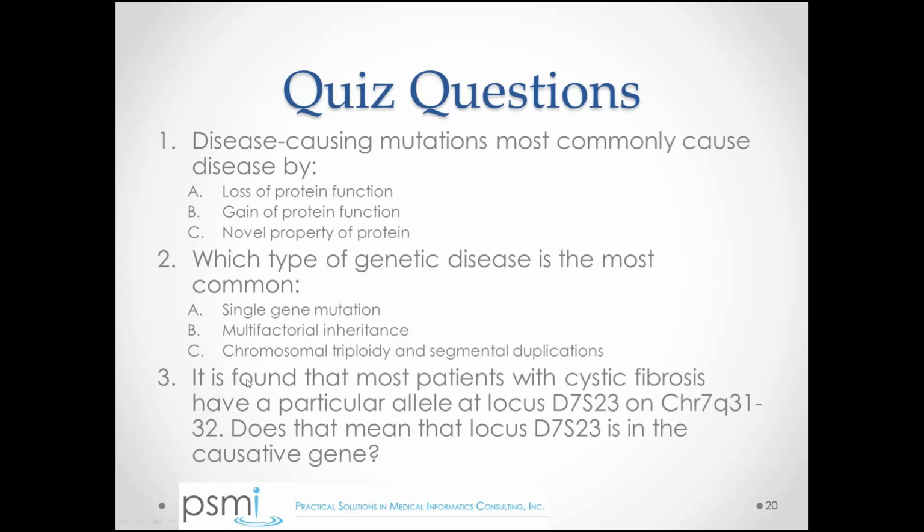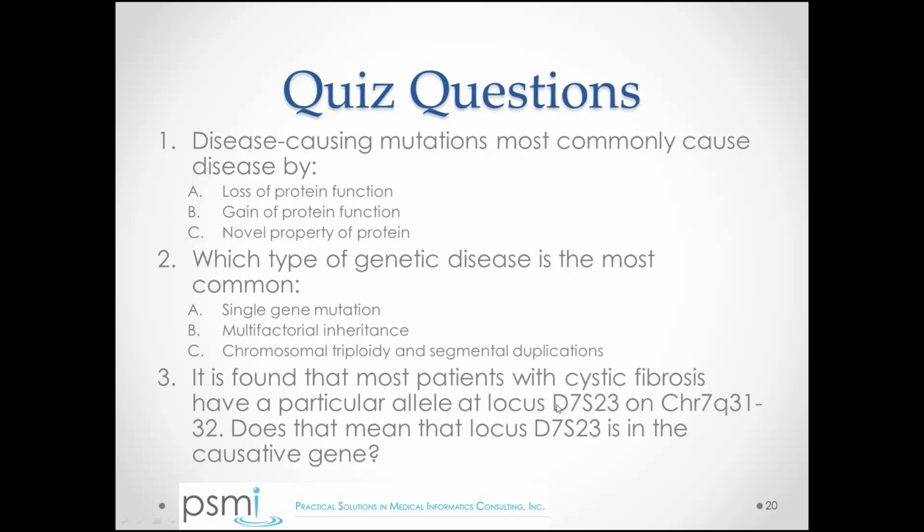Now here's a tough one. You guys are doing too well on the easy ones. Okay, so most patients with cystic fibrosis have a particular allele at locus D7S23. Now it just so happens that this is a marker that in the 80s we were able to study. And we found that patients with cystic fibrosis generally have a particular allele at this locus.